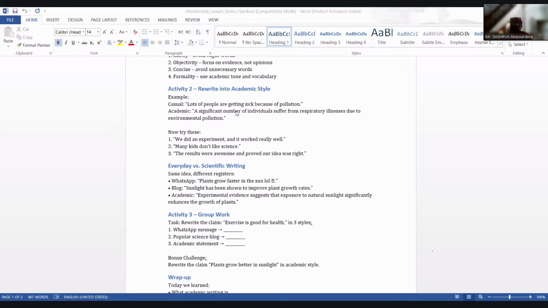Lots of people, a significant number of individuals, same. Are getting sick. How to say it academically? Suffer from what kind of diseases? Respiratory illness. Getting sick for what kind of sickness? What kind of illnesses? But in scientific English, it should be clearly highlighted.